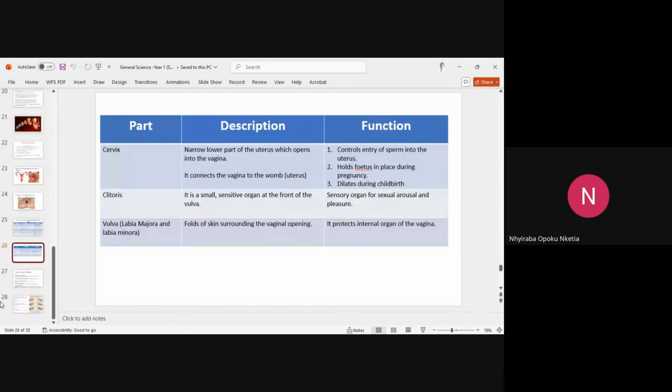Opoku Ketia. Please, I wanted to ask the females who have candidiasis, how do they have sex and does it affect their child? Yes, candidiasis is a sexually reproductive disease. So if a woman has it and it is left untreated, it can eat straight into the womb and affect the internal parts of the reproductive organs, and can even prevent women from getting pregnant or giving birth.